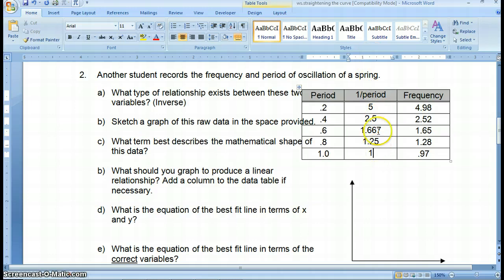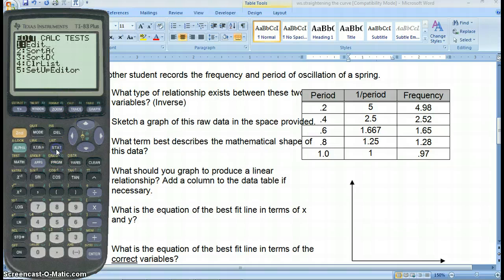So now that I have my new x data, it's not really new data, all I've done is I've taken the inverse of my original x data, and now I'm going to graph this data in the calculator again. So I'm going to go back into my stat menu, back into the edit menu, and I can just retype these in here. I can type in 5, 2.5, 1.667, 1.25, and 1.